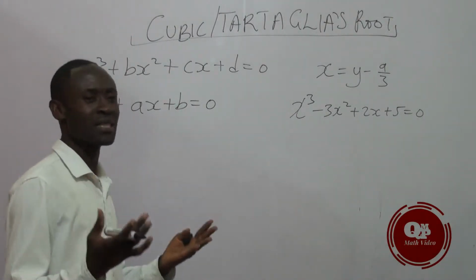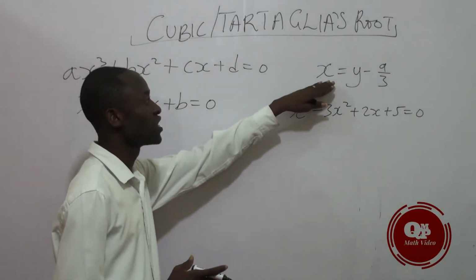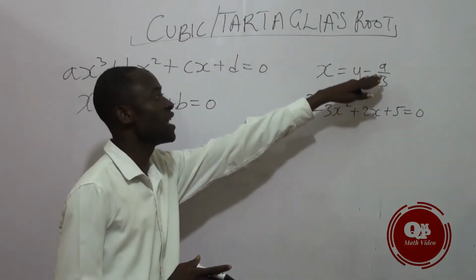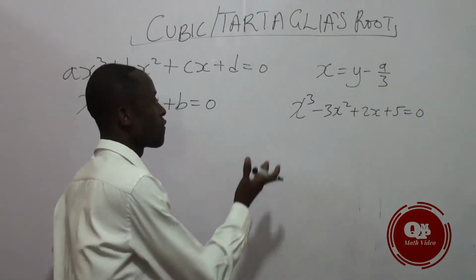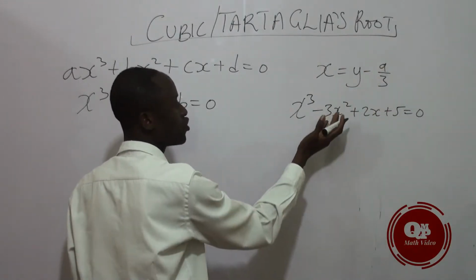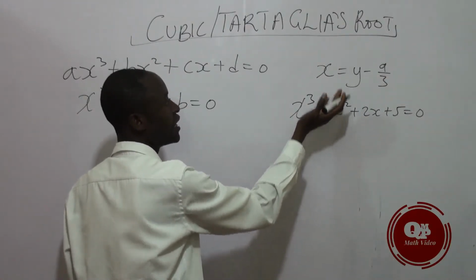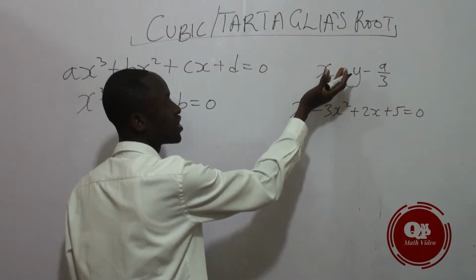But we can only do that if we use his transformational equation, that is x is equal to y minus a out of 3. From our example, we realize that our a happens to be -3. So let's substitute the a, -3, into the transformational equation.